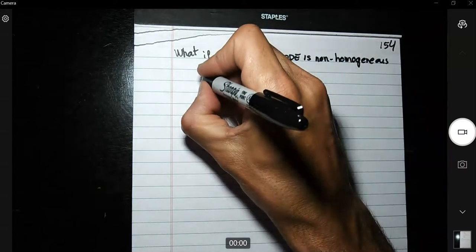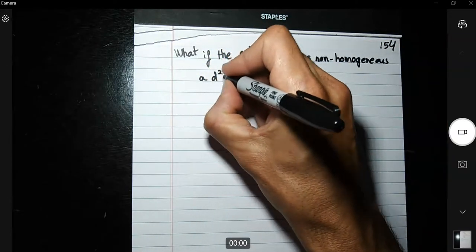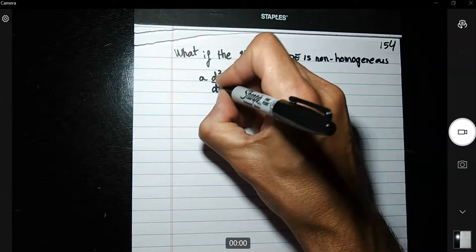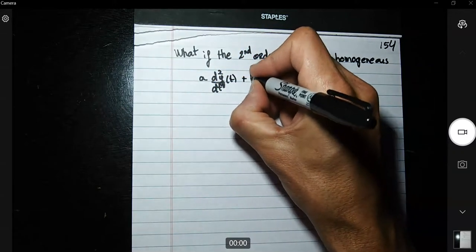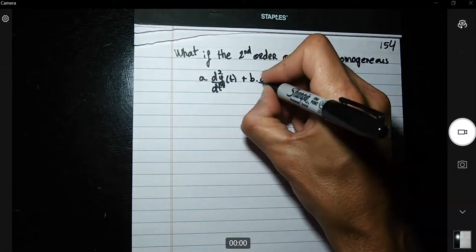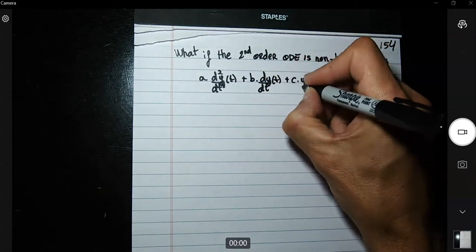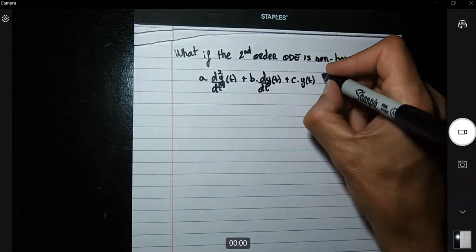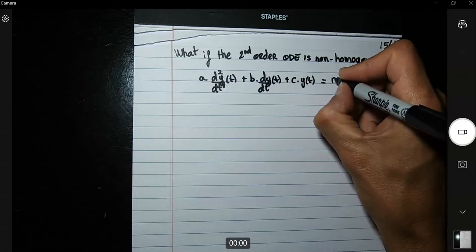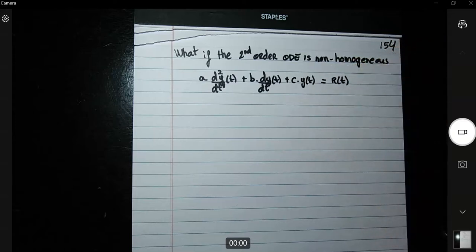That means that the second order ODE will be of the form a y double prime plus b dy/dt of t plus c y of t, and now we're going to have here a function, let's say, r of t.